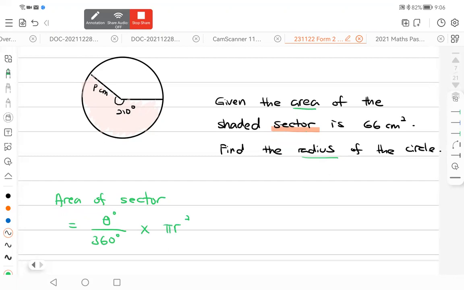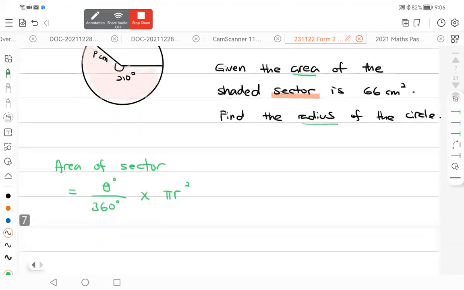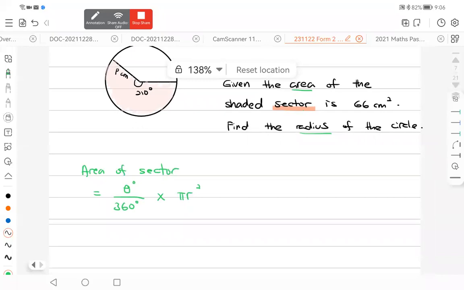If you forgot, check the formula at the front. In the final exam they will give you, because during PT3 and SPM, they will provide you the formula list. Just substitute whatever number you have, then you find out. When you form the equation, area is 66.